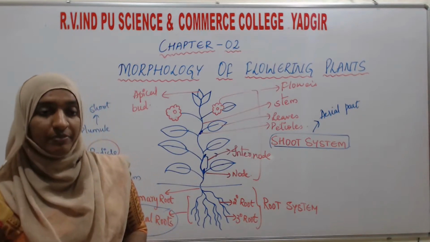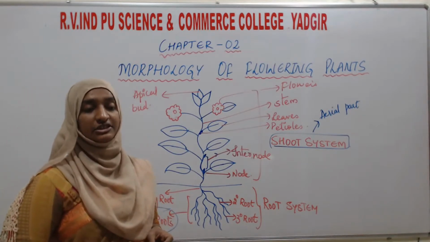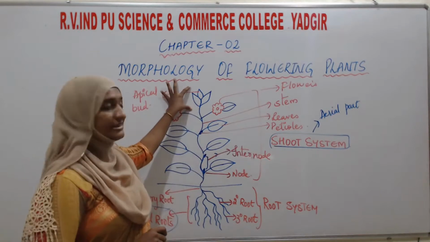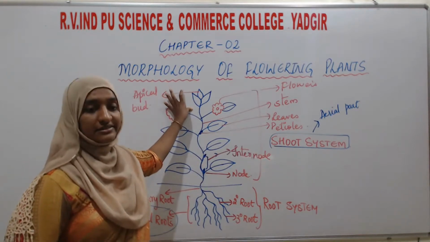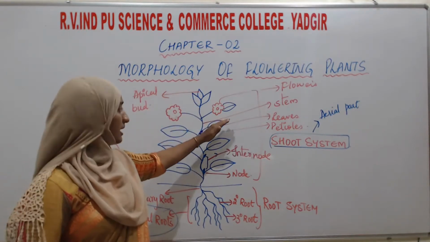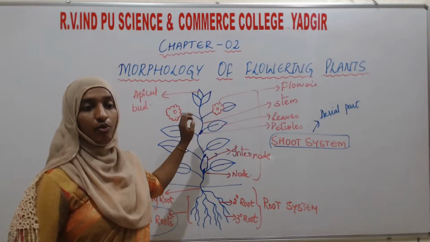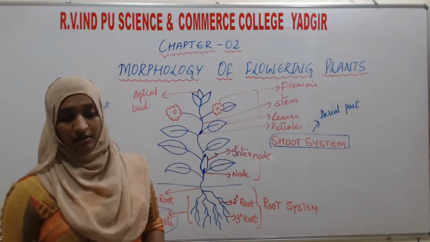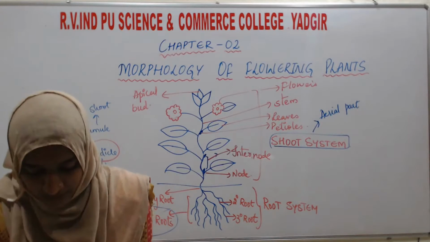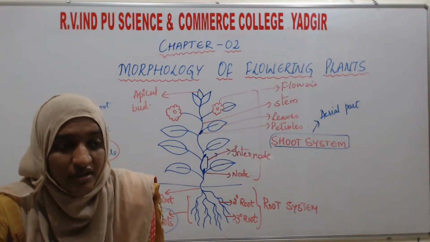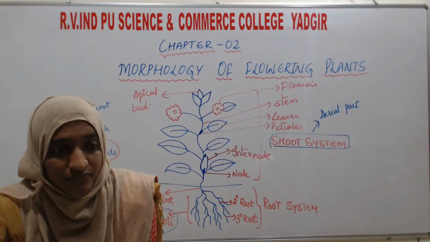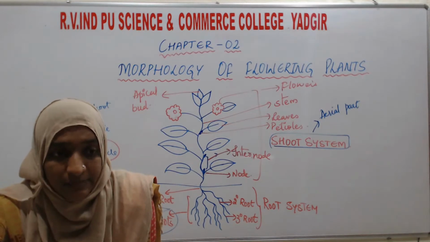For what purpose? For fertilization. Then next, you can see these are the apical buds, which further mature and open to form a flower. So this is about the morphological structure of a typical plant.